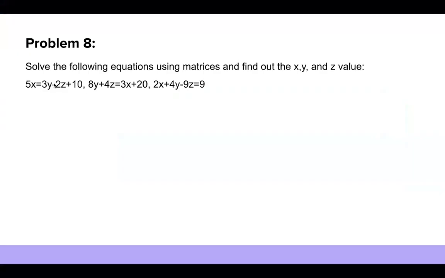So it will become 5x minus 3y plus 2z is equal to 10. And this one will become minus 3x plus 8y plus 4z is equal to 20. And this will become 2x plus 4y minus 9z is equal to 9. And then you will have to write the coefficient matrix.